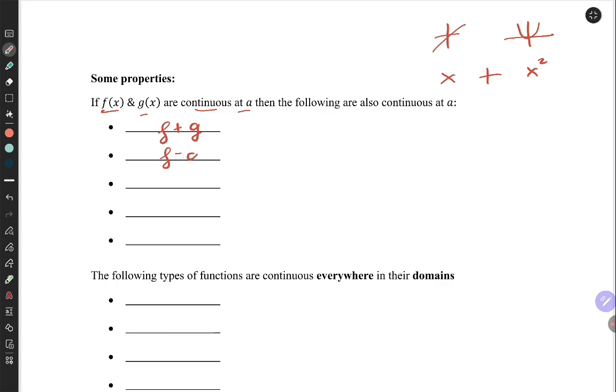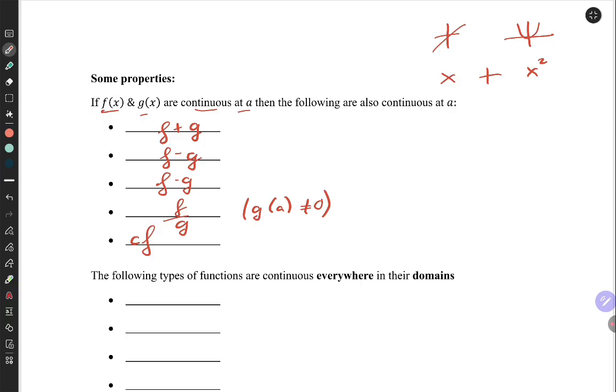If you have addition, you should have subtraction. You also have product. You also have division, as long as g of a is non-zero, so when you plug in you don't get 0 in the denominator. And the last thing: c times f is also continuous, where c is a constant.